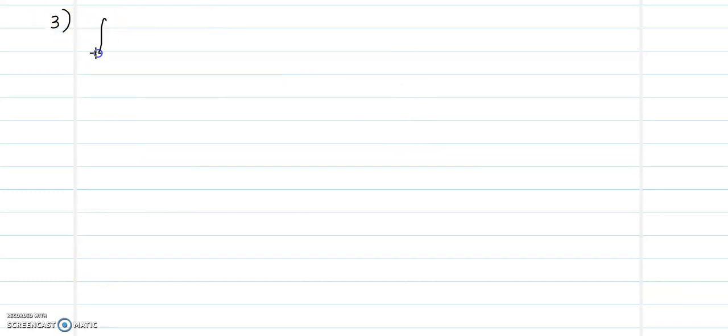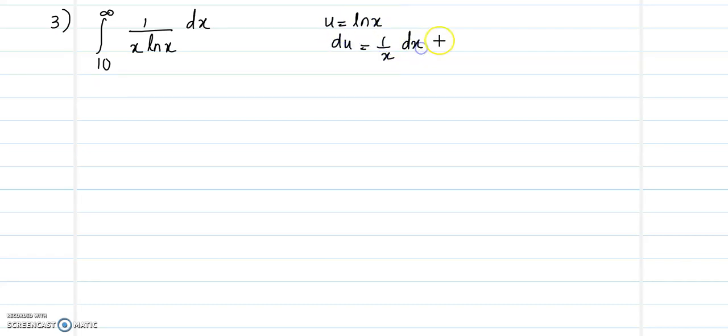Next one we need to solve the integral from 10 to infinity of 1 by x log x dx. For this we'll use a substitution u equal to log x. So du will be 1 by x dx, and we know that x varies from 10 to infinity. So when x is equal to 10, u will be log 10, and as x goes to infinity, log x will also go to infinity. So the limit will be u varying from log 10 to infinity.